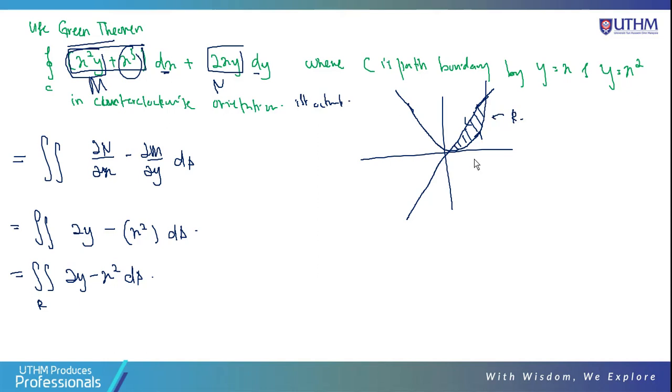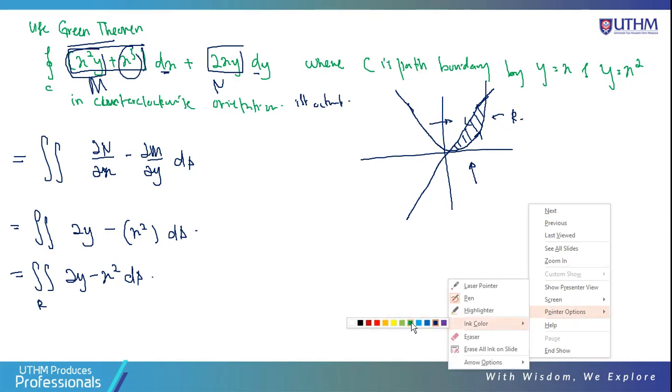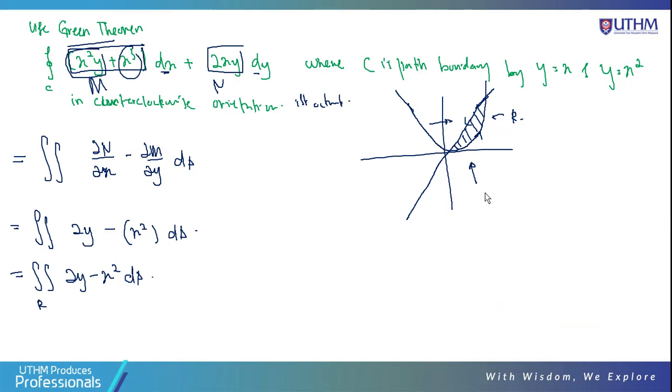So what do you want to choose, dy dx or dx dy? Which one do you want to start with? Okay, let's say you want to use dy dx. Earlier we did dx dy, now we do dy dx.